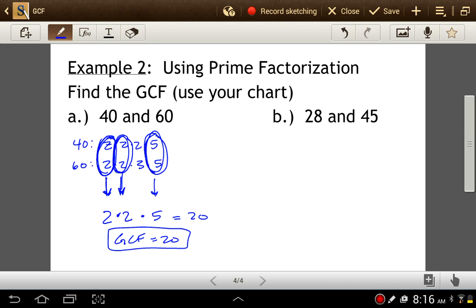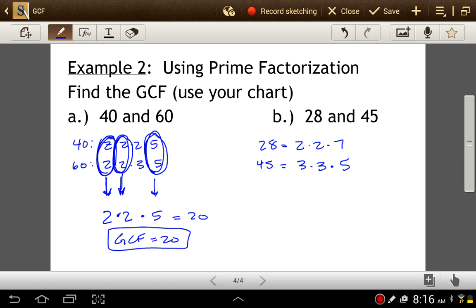I'm going to do the same thing with 28. I look at my chart, and 28 is 2 times 2 times 7. I look at my chart for 45, and 45 is 3 times 3 times 5. I say, oh, they don't have anything in common. There's nothing to circle. These are 2, 2, and 7. That's 3, 3, and 5. Nothing in common. Well, they do.